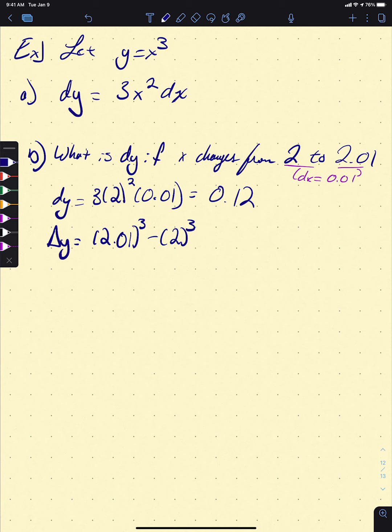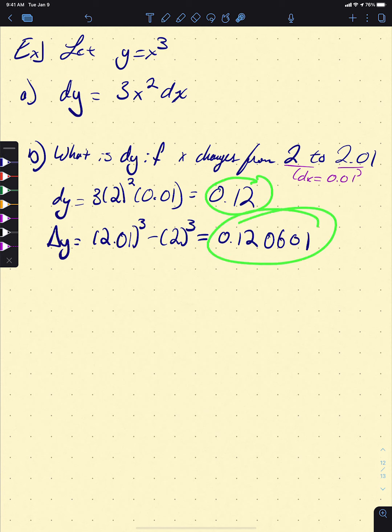But then look at this, when we actually physically run this math, we get 0.120601. This is a dang good approximation. The difference between these two numbers is 0.3 zeros before you even get a number. This is a really good approximation. So the moment that we need to approximate this gets a lot simpler.